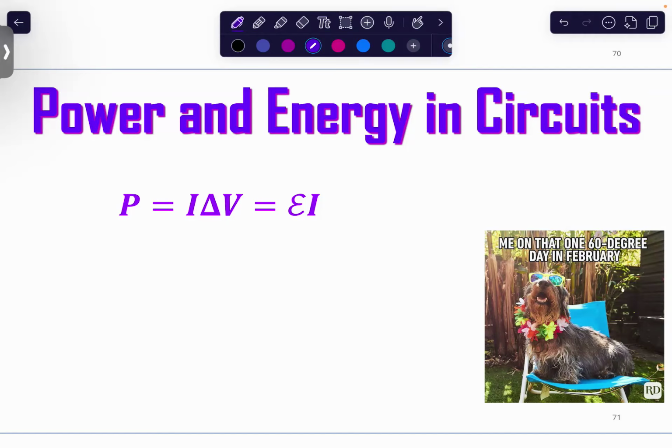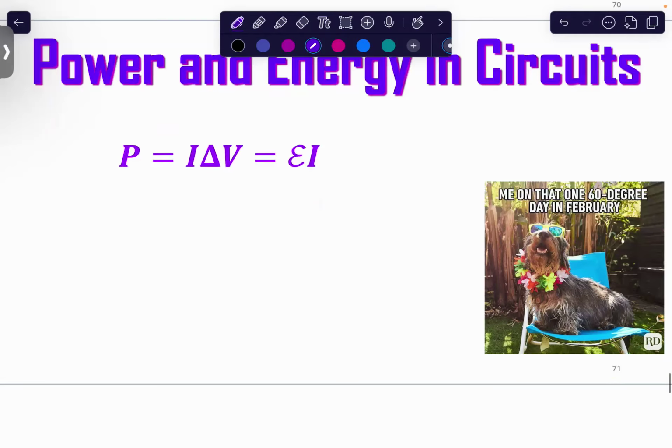Power and energy. So you see that here, the power of a circuit is either going to be I delta V or EMF times the current. So let's think about why that is. If power is a rate of change of potential energy, what's the equation look like? It's a fraction.